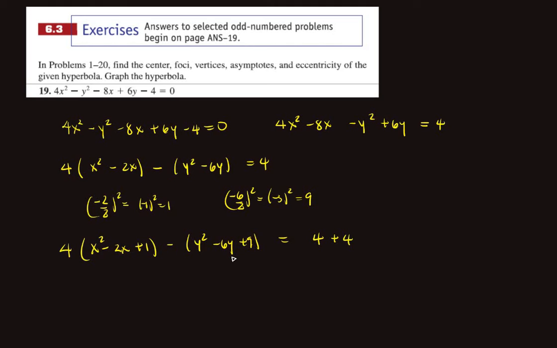Well, negative 9, because instead of subtracting, we're adding 9 here, but there's a minus sign, so it's going to be negative 9. And this thing is going to look like negative 1. So we will have: 4 times x squared minus 2x plus 1, minus y squared minus 6y plus 9, is equal to negative 1. And we're going to do something with the negative sign in a second.